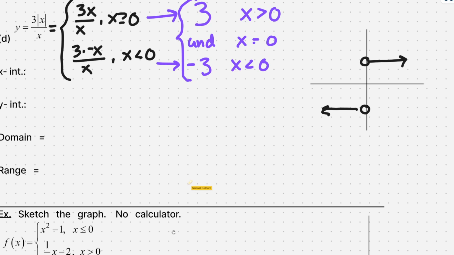Anyway, x-intercepts, none. Y-intercept, none, right? We have these two open circles on the y-axis, but that indicates the function doesn't actually attain a value there. And so there is no output when x is 0, no y-intercept. Domain.